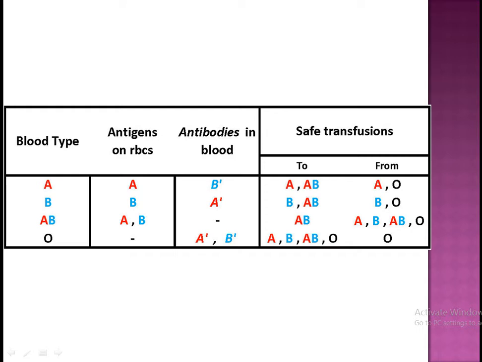This is the table I want to show you for the safe transfusion. In this table, you can easily check that the blood from these groups can be given to these groups to have the safe transfusion.